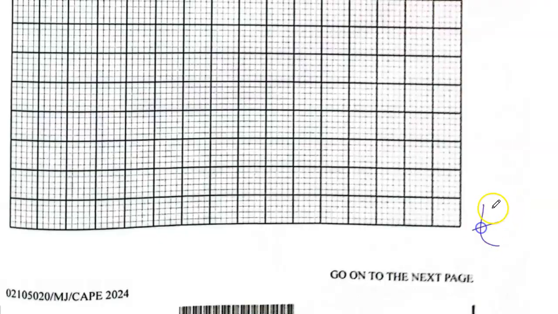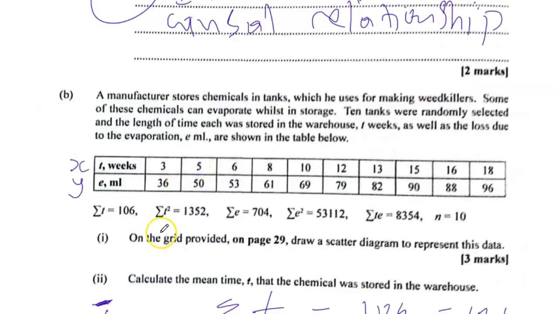So we'll do a scatter plot here. T, time, on the x-axis, and E on the y-axis. Just pause the video and complete this graph. T goes up to 18, so we can do a 1-to-1 scale.